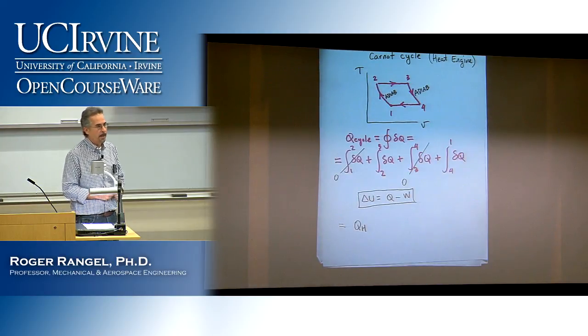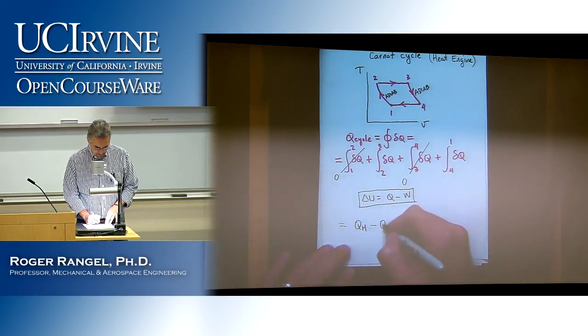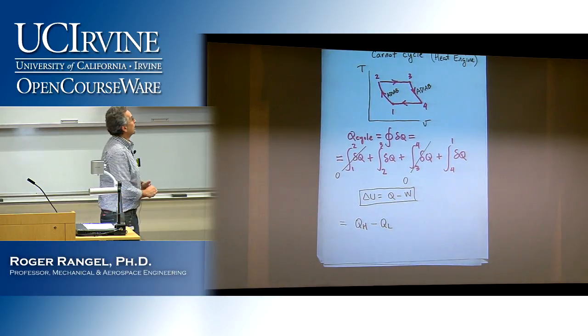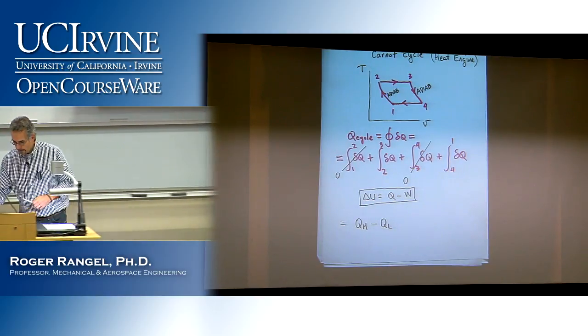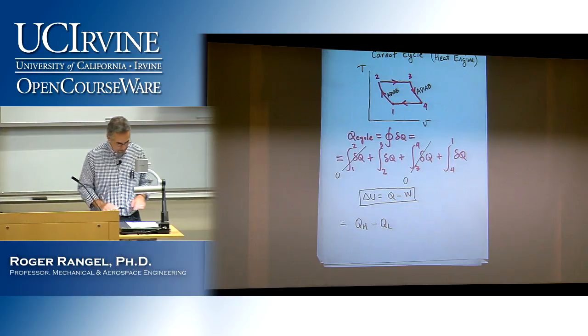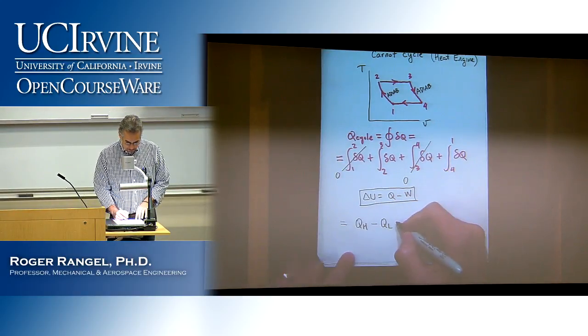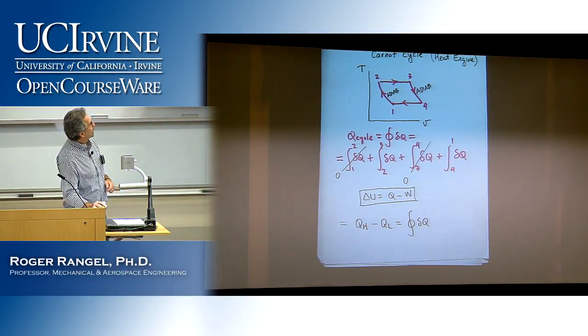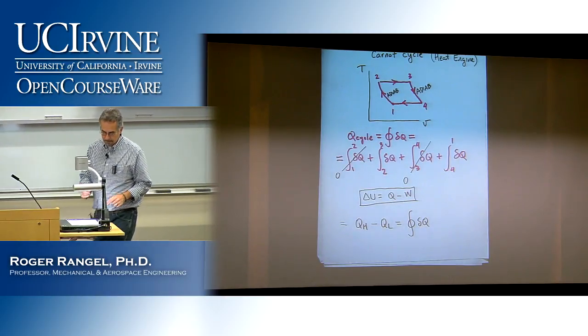The integral from 4 to 1 of delta Q will come out negative, and it will be Q sub L. So what we just found out is that if I'm interested in computing this integral, let's put what we started with. This is the cyclic integral of delta Q for this heat engine, which is this Carnot cycle. So we get this result.